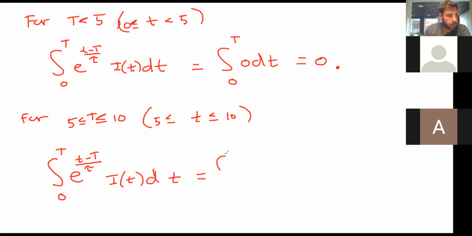The integral from 0 to 5 plus the integral from 5 to t. Does that make sense?